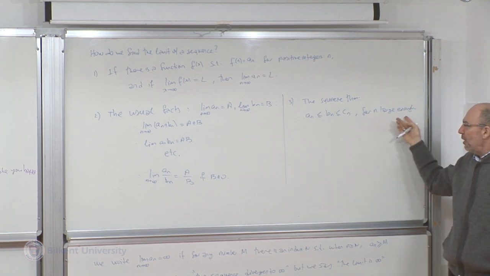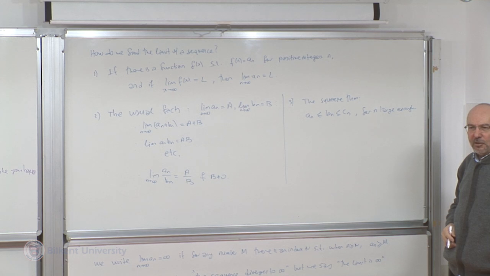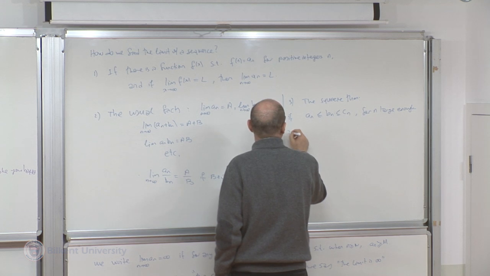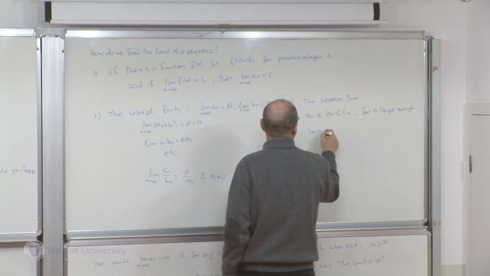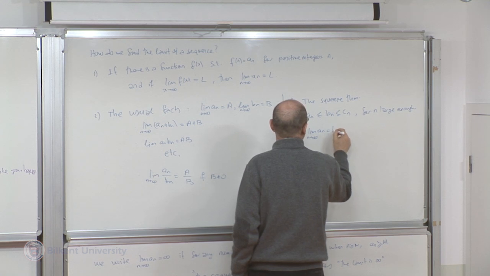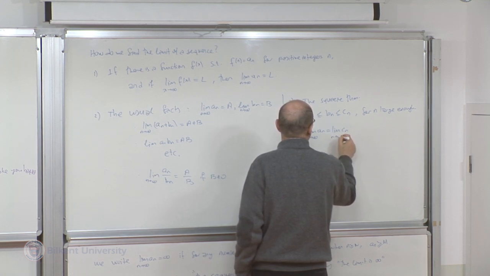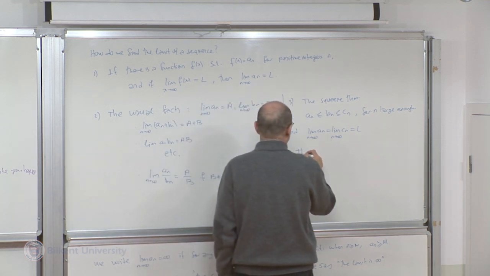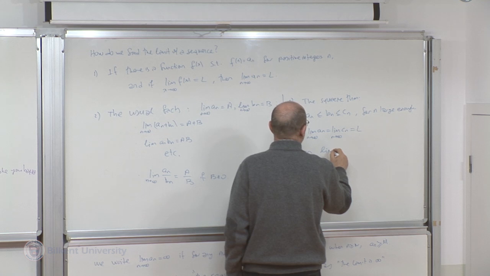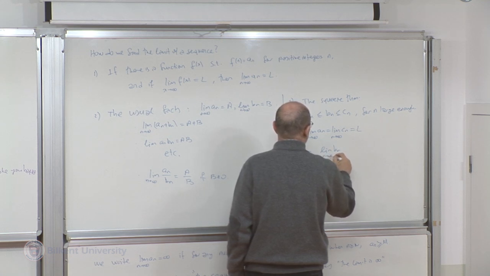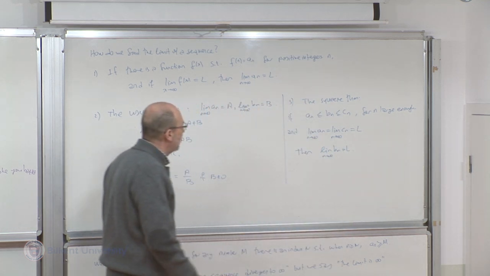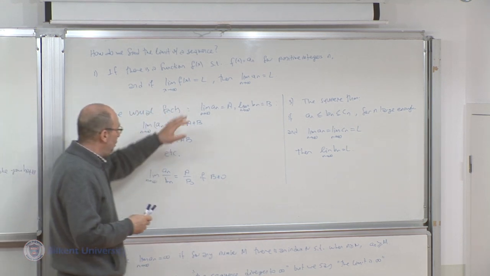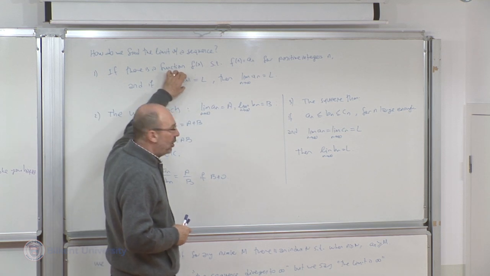Okay, so when we say this, when for all large n, we have this inequality. So if we have this, and the limit of a_n as n goes to infinity is the same thing as the limit of c_n as n goes to infinity, and suppose that's L, okay, then the limit of b_n exists and is equal to L. Okay, so this is generally useful as you go back to calculating limits of functions.